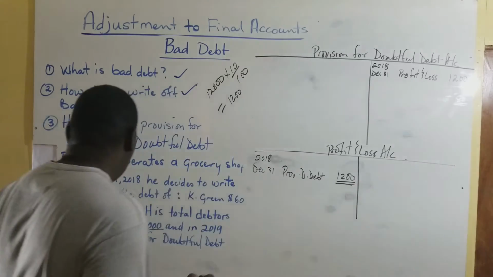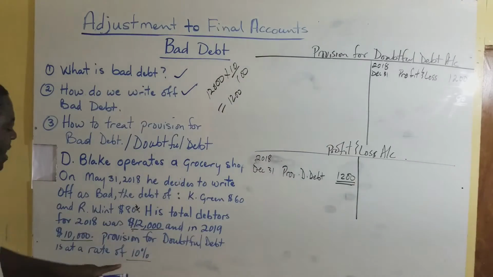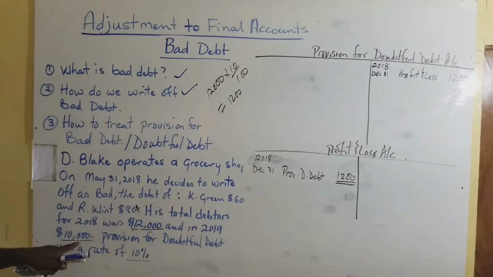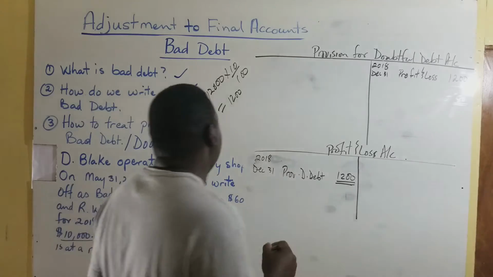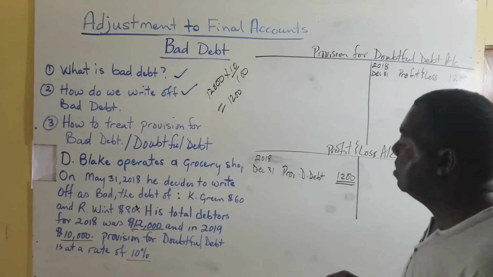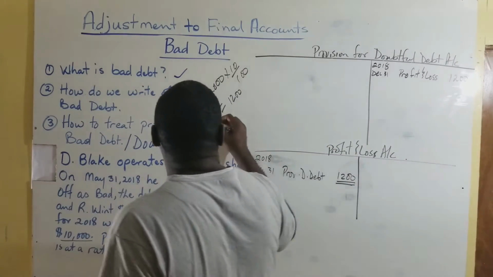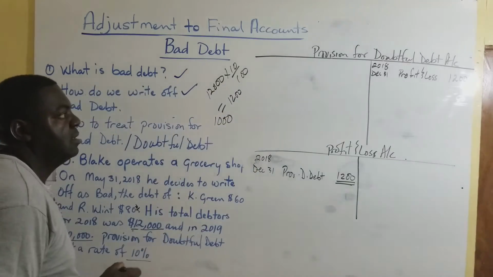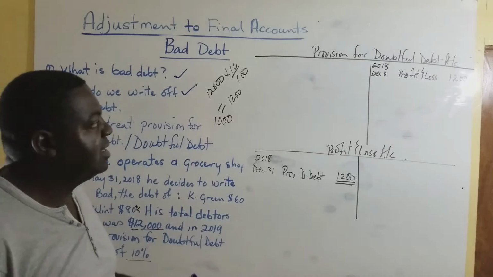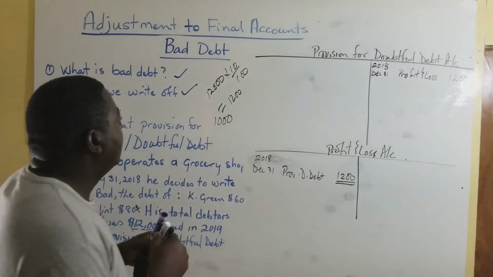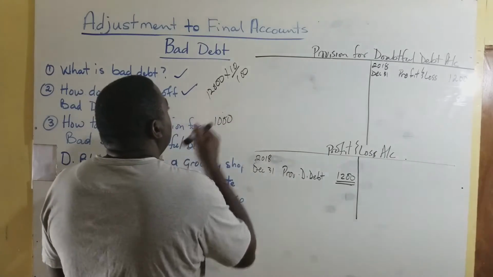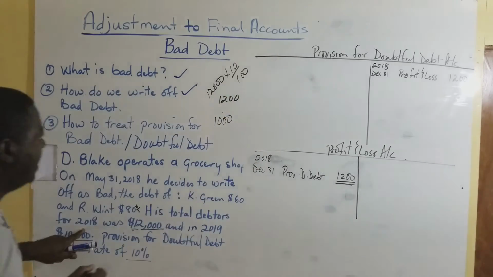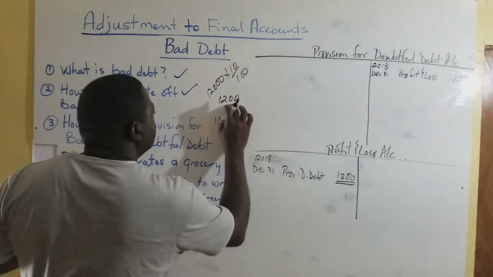Now in 2019 we have a total of $10,000 worth of debt and 10% of it is going to be $1,000. Now the thing about it is that we compare last year's provision. In 2018 the provision was 1,200.